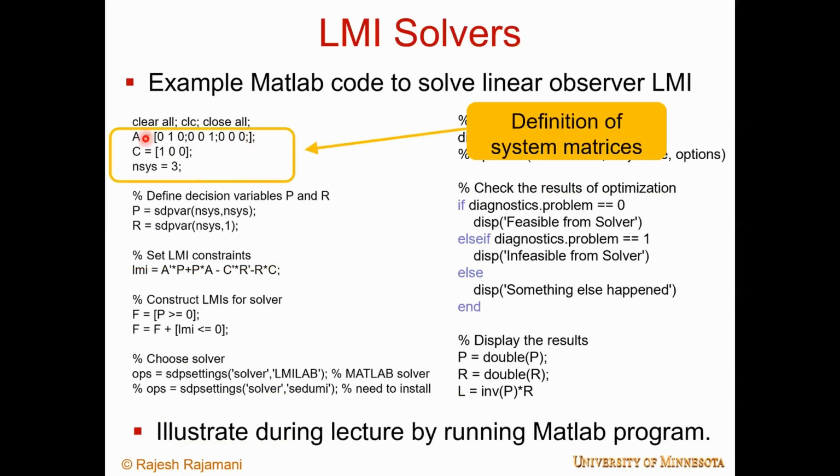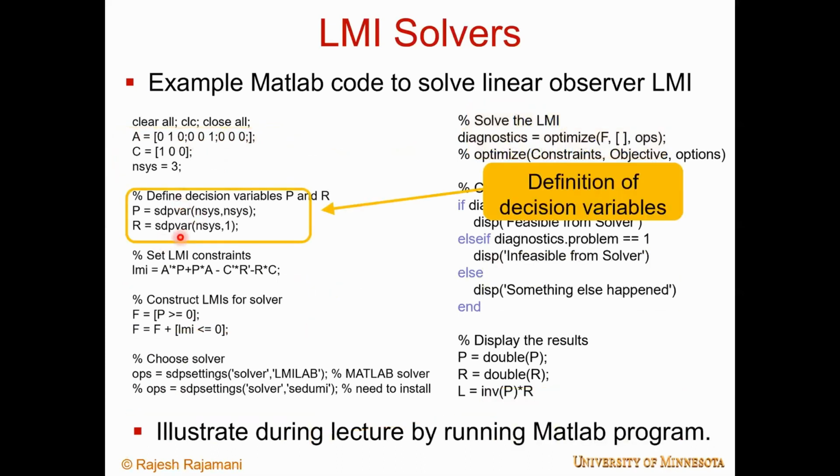A is kind of a kinematic motion model, and you can see that it's not stable by itself. It's not asymptotically stable. P and R are the two matrix decision variables. These are the ones that we need to obtain by solving the LMI.